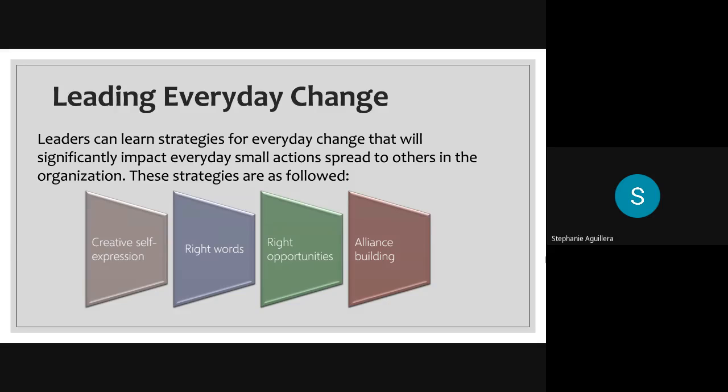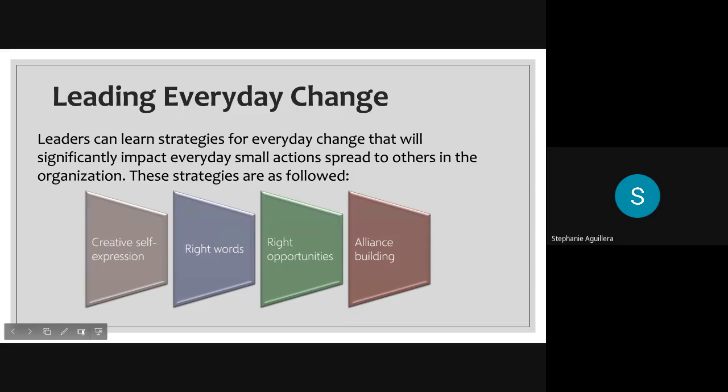This is the least powerful way to improve change, but it does help, and involves a single leader acting in a way that others will notice and that reflects the values or behaviors he or she would like to instill in their followers. Right words. With this strategy, a leader turns a negative attitude, comment, or behavior into a positive response that sometimes others will notice.